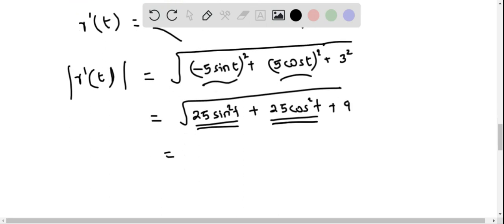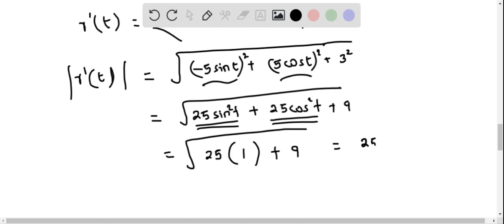When we group the first two terms, we factor out 25 and are left with sine squared t plus cosine squared t, which is once again a Pythagorean identity that simplifies to 1. So it is 25 times 1 plus 9, which equals 25 plus 9 under the square root, and this equals root 34. So we have evaluated the magnitude of r prime of t.